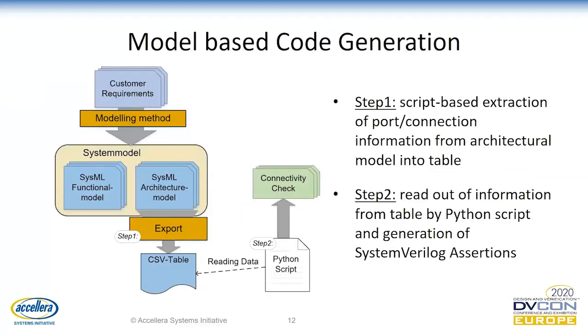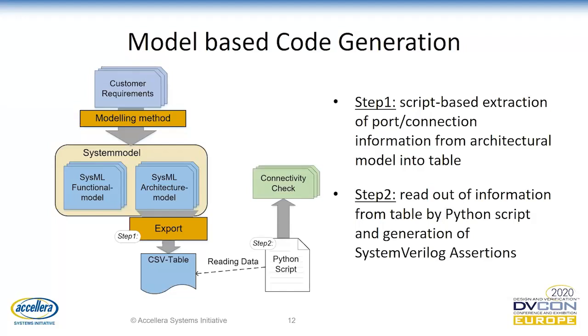So now I have shown you how we can model our architecture, and now we want to enable the use of this information we have already described, sometimes in great detail, in our model. And this is our second step. We enabled a generation of assertions for connectivity checks out of the architecture model.